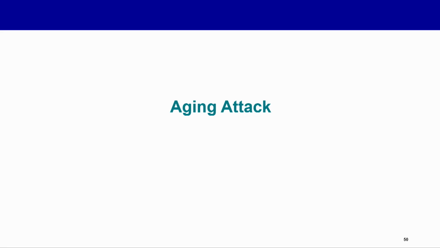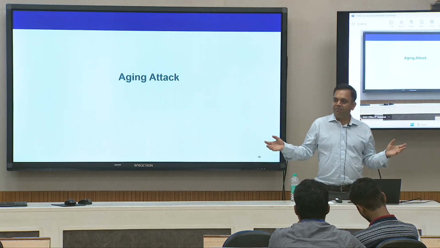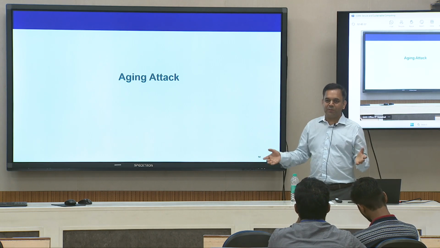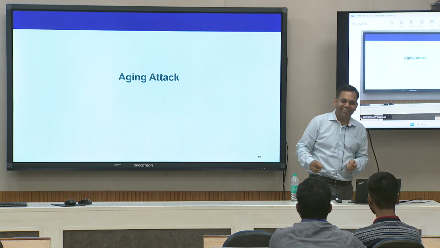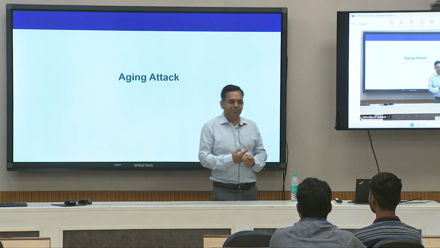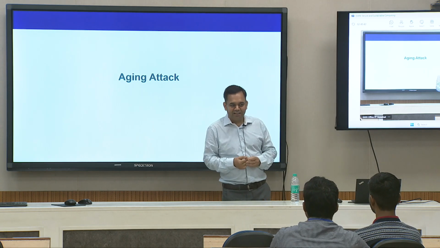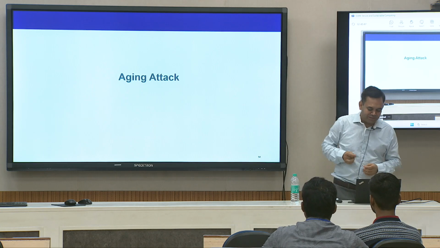One of them is called the aging attack. As the name says, you make someone old as fast as possible, so that one can die. The same applies to a person. If you want to attack a person, don't give them food, they will die. Or they may age faster if you give them less food, something like that.